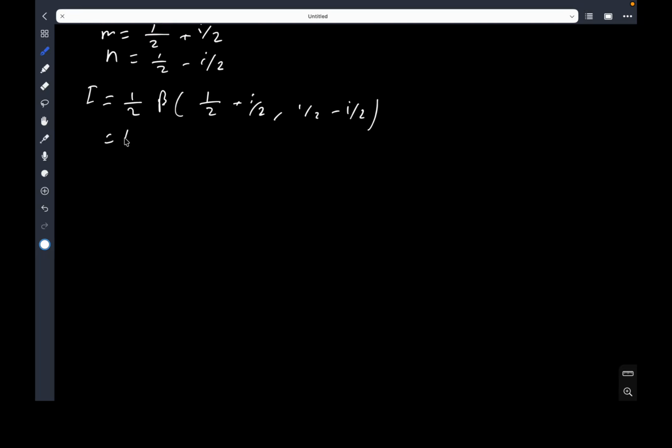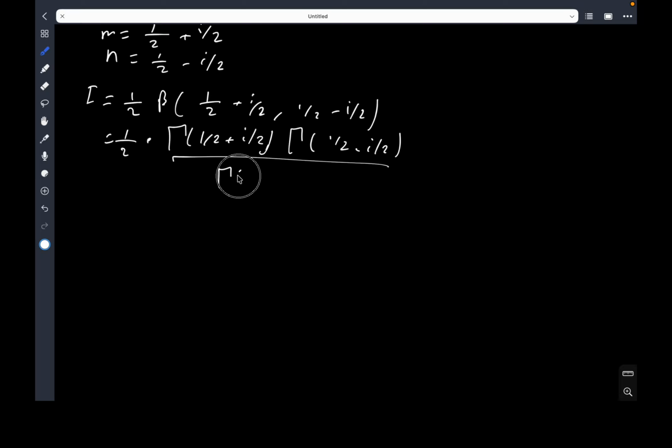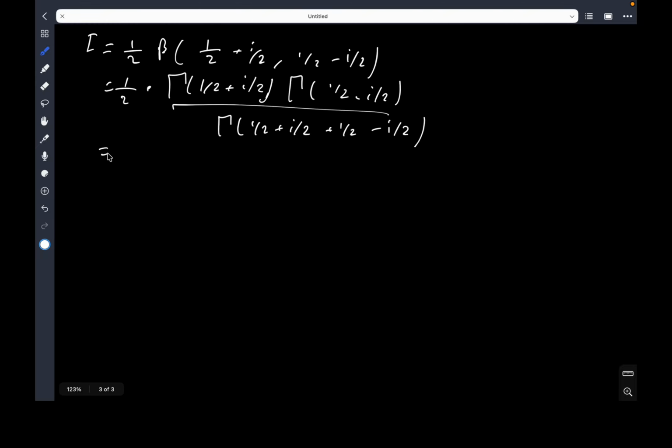Now I can write it in terms of the gamma function: gamma of half plus i over 2, gamma of half minus i over 2, over gamma of half plus i over 2 plus half minus i over 2, which is gamma of 1, and gamma of 1 is 1. So it's going to be half times gamma of half plus i over 2, gamma of half minus i over 2.